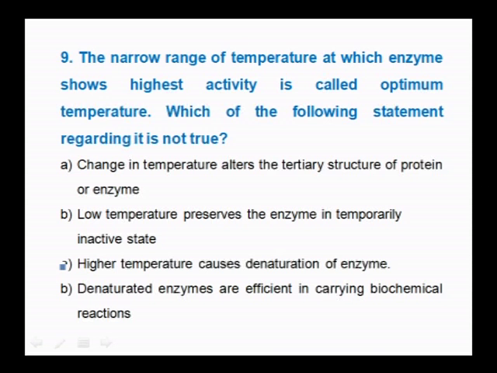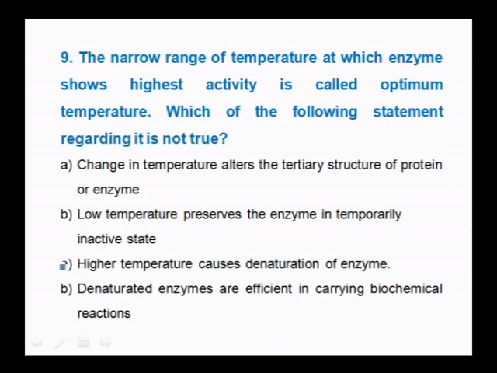C, ES is a stable product of enzyme action, and D, ES is a short-lived, highly reactive, as well as option C goes like this: higher temperature causes denaturation of enzyme, and option D, denatured enzymes are efficient in carrying biochemical reactions. So the options are A, B, C, D, out of which we can identify this.